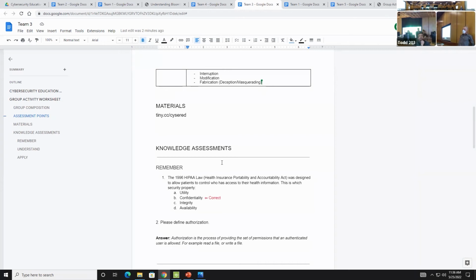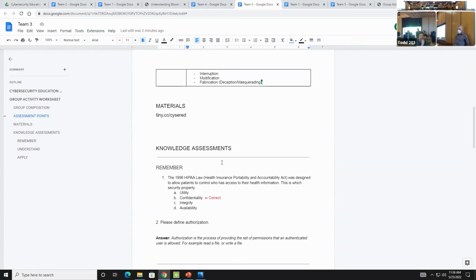Jim, do you have any ideas? I mean, other than asking to define it, or even just a simple, what do the three letters in the CIA triad mean? Gives very simple definitions. That's fine. Yeah, this is a great question at the understand level.